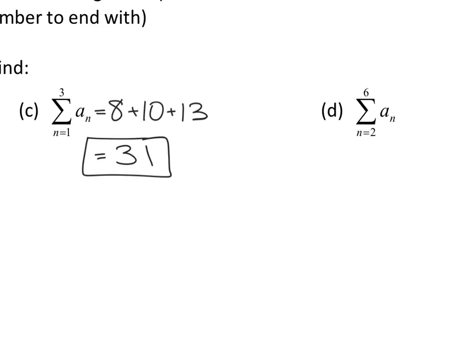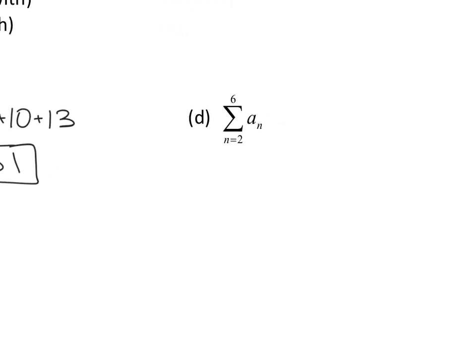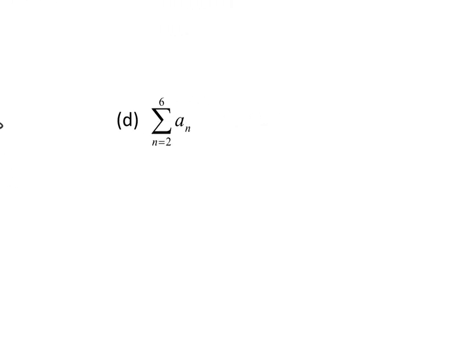Let's say we have the sigma of a sub n from 2 to 6. This time, what number am I starting to add with? 10. The second term. So we're going to start adding with 10 plus 13 plus the next term in that sequence, which I can't see. So what is it? 14. 17. 20.